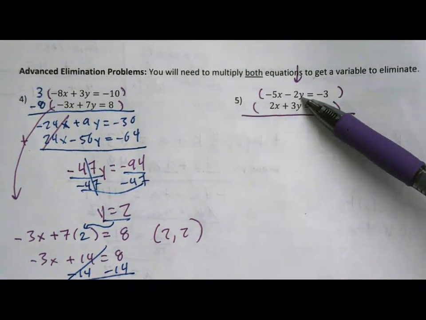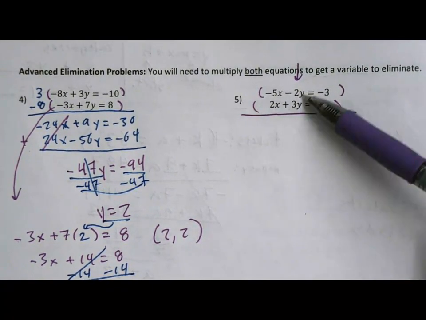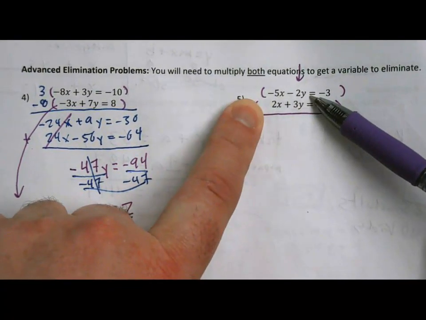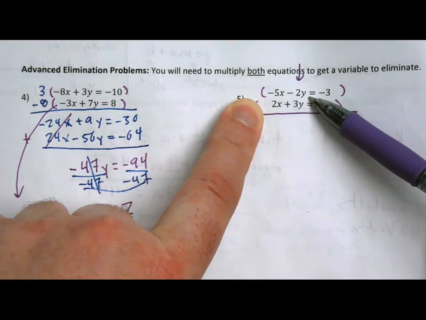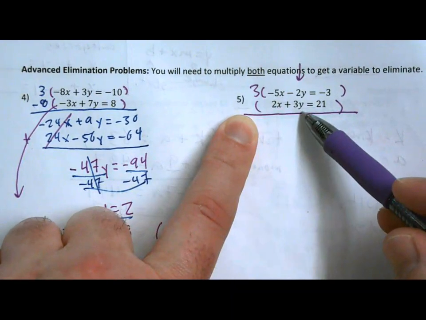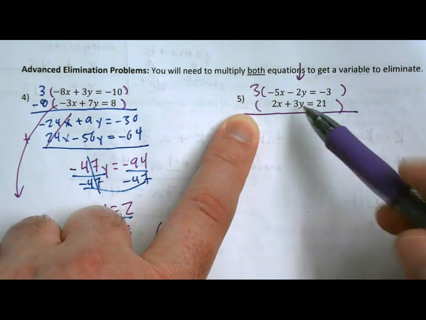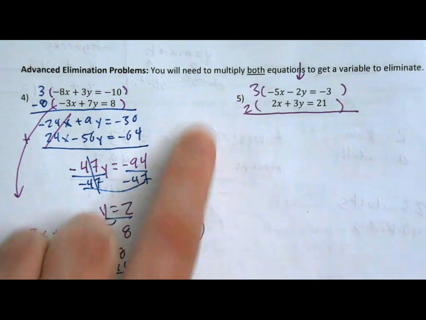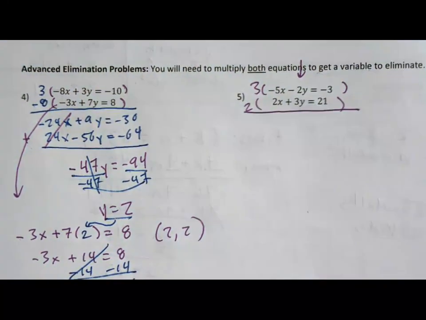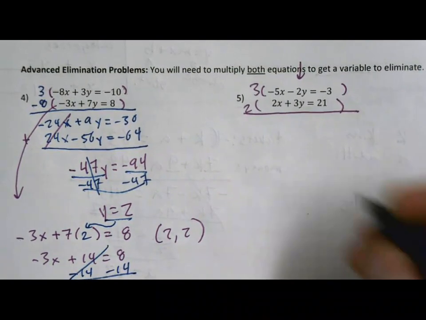So what are you going to multiply this top one by so we have a negative 6y there? We could do a 3 here. Put a 3 out in front of that top one. What are you going to multiply this bottom one by so we end up with a positive 6y? Again, 2. So write down what our new two equations are, and then we'll just go ahead and stop there because I know you guys know what to do from there.